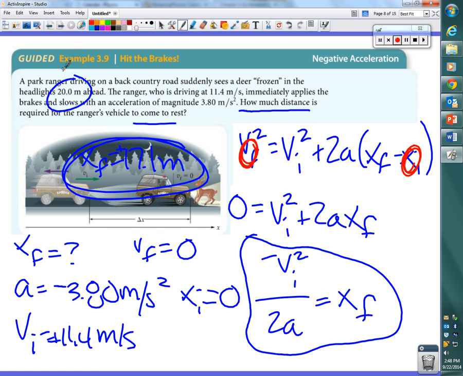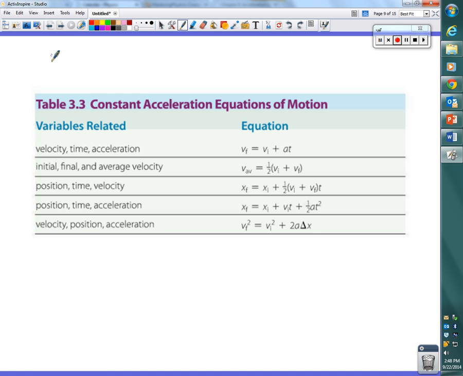All right, at the very bottom of page 4, you have table 3.3, which is going to be an important table, not just for tomorrow or for the next week or so, but basically for the rest of this part on mechanics, because while kinematics is the beginning of our study of mechanics, it continues the whole way. As you can see here, table 3.3, constant acceleration equations of motion.